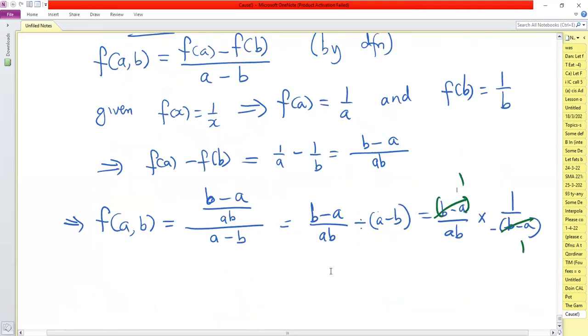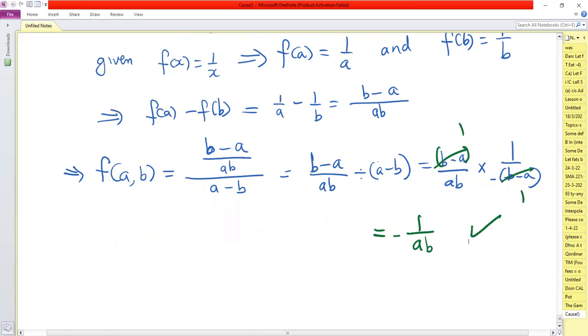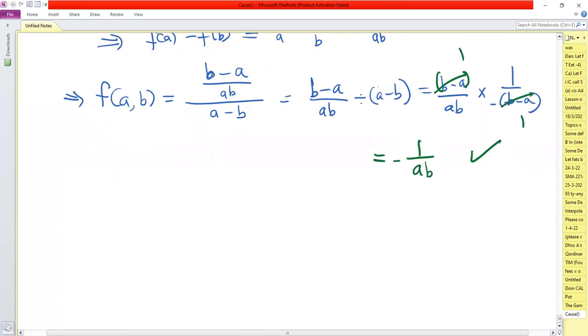So I'll have 1 over minus AB, yes, minus AB. So this will be the solution to that given part. The value of the first divided difference of the arguments A and B will be negative 1 over AB.